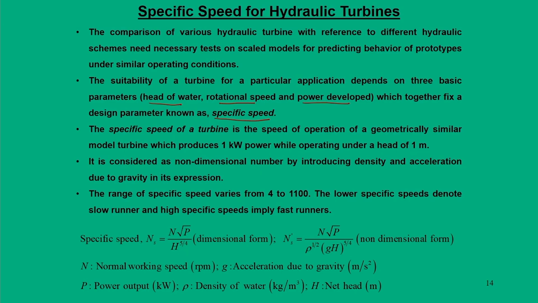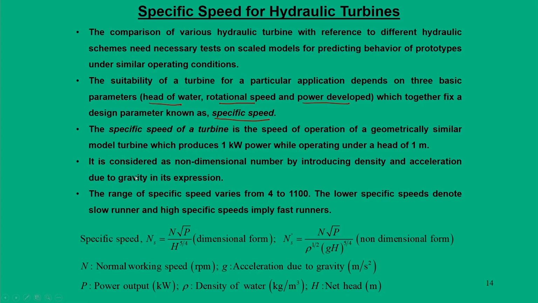These three things have to be considered together to define this specific speed, and that has to remain the same for the model as well as the prototype. So, the specific speed of a turbine is defined as the speed of operation of a geometrically similar model turbine which produces 1 kilowatt power while operating at a head of 1 meter.